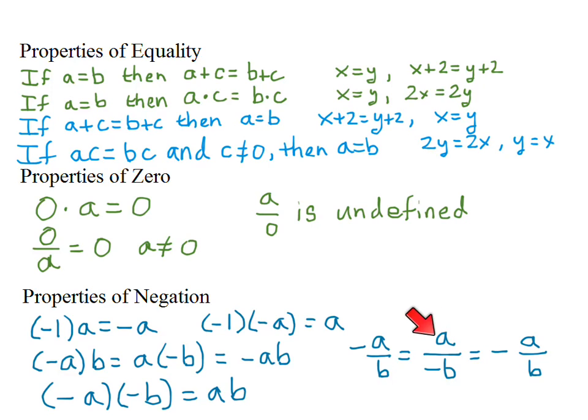And there's no particular reason why one of these is better than the other. Generally, you would write this one in a simplified form, but it's perfectly fine to leave the negative in the numerator or in the denominator. There's no magic about that.